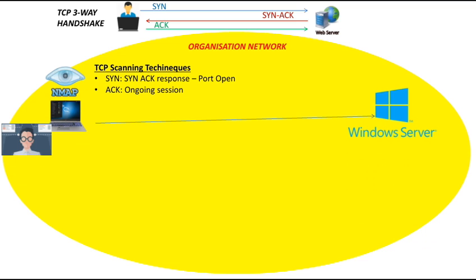So in order to deceive the firewall at the server, this packet would be crafted by the penetration tester, and if there is a rule which would allow any ongoing session communication to pass through the firewall, then he will be able to get the response from the server, and he would be able to know what port or service is running on that server.